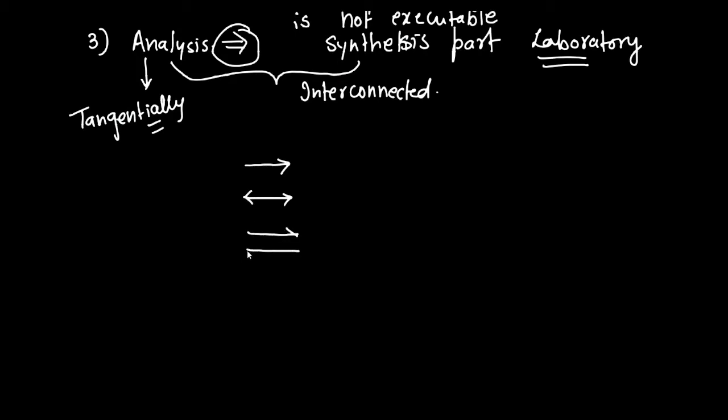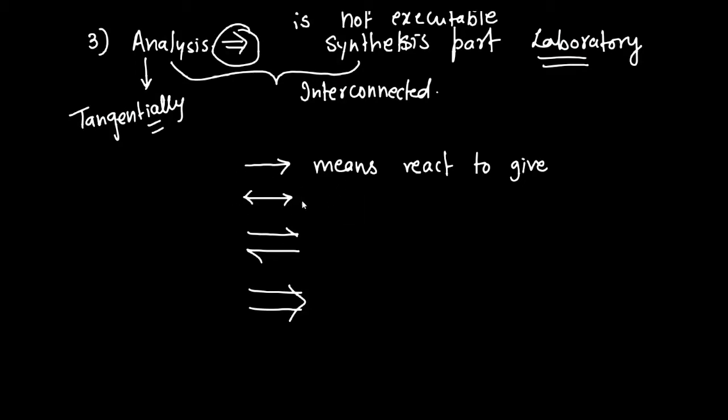Those arrows are like this. What is the meaning of the first arrow? The first arrow means react to give. It means react to give products, meaning reactants are easily converted into the products. That is the meaning of this single-headed arrow.